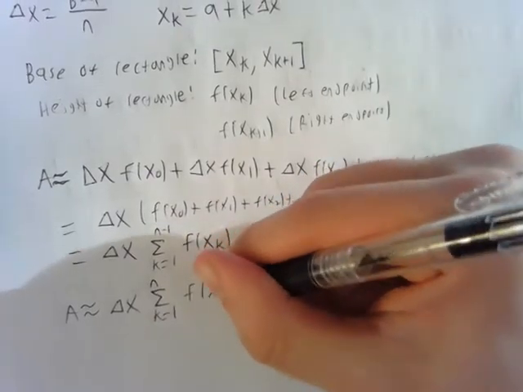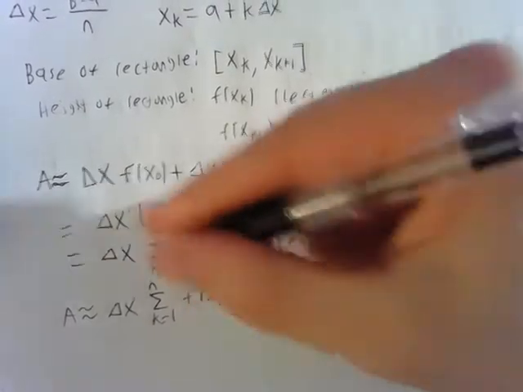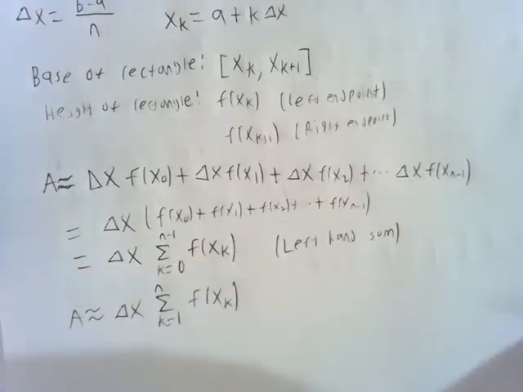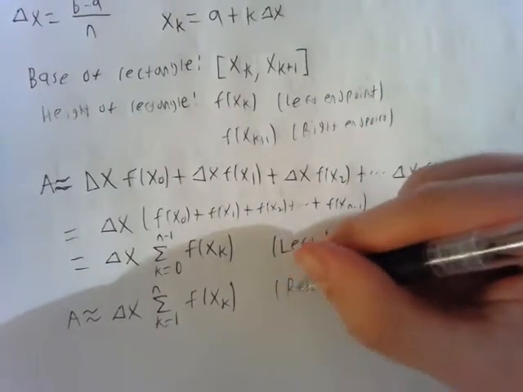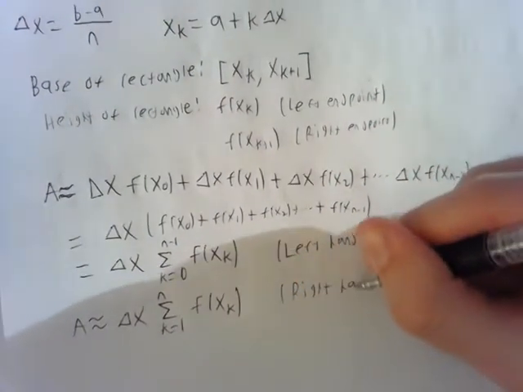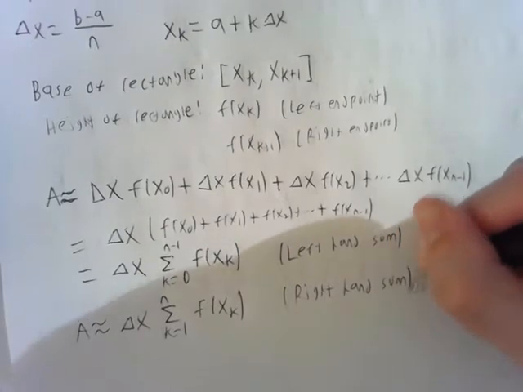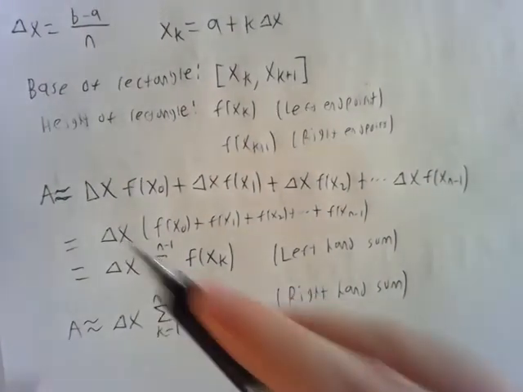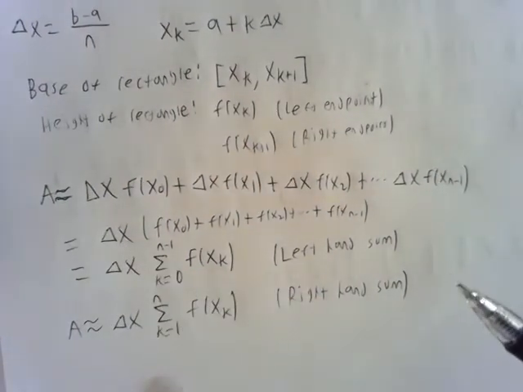Sorry, this one started at 0 up to n minus 1. So we get two approximations for the area. They're both perfectly valid. And if we took larger values of n, we get better approximations of the area.